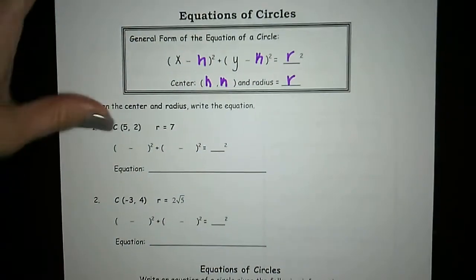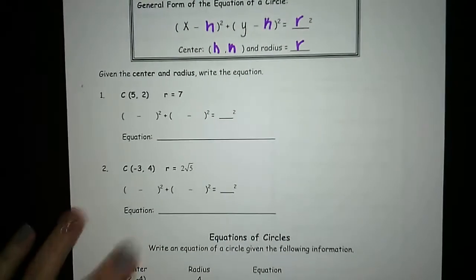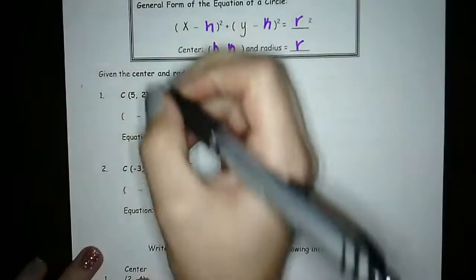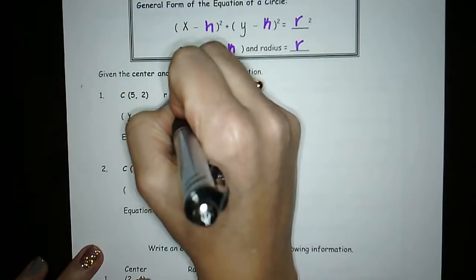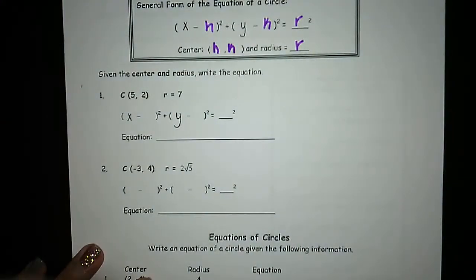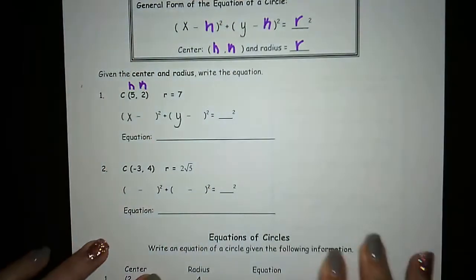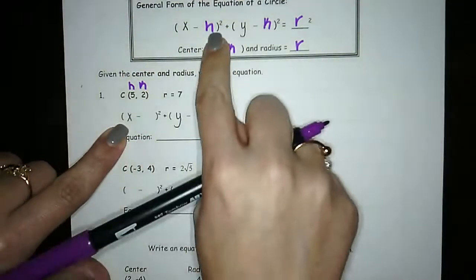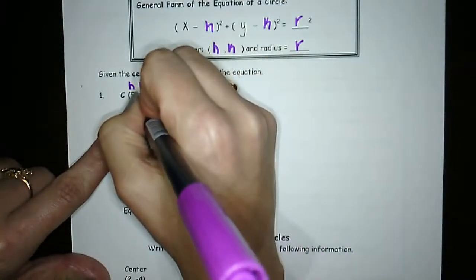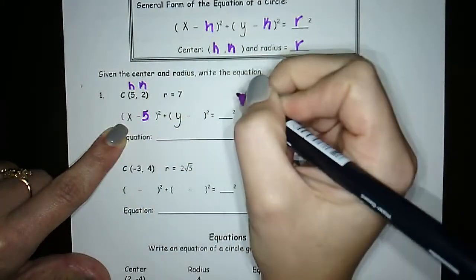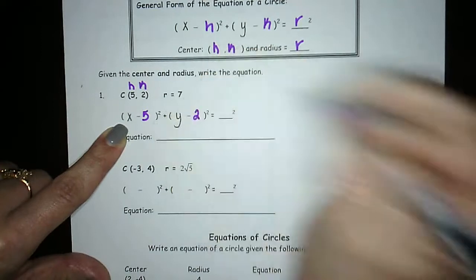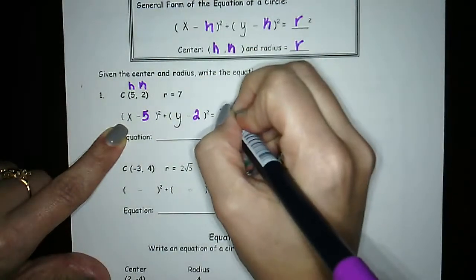So we're going to look at an example. Same formula. x and y are always there. They don't change. But we are given a center that's h and k, and your radius, which is r. So it's x minus h, so x minus 5, y minus k, which is y minus 2, and then it's your radius squared.